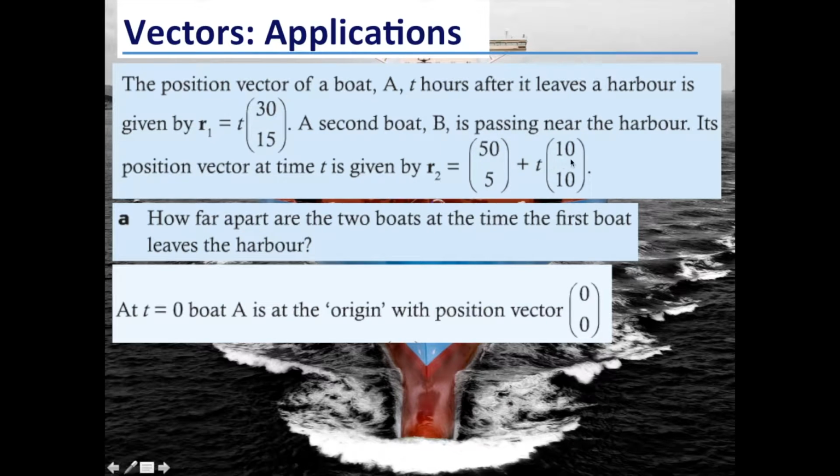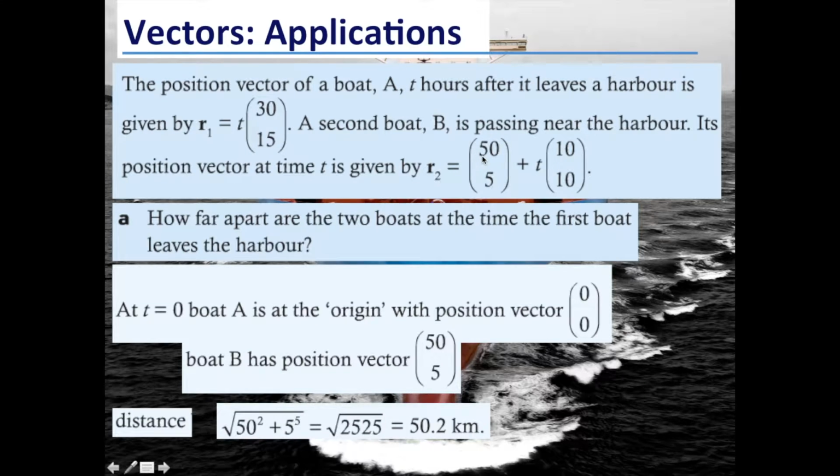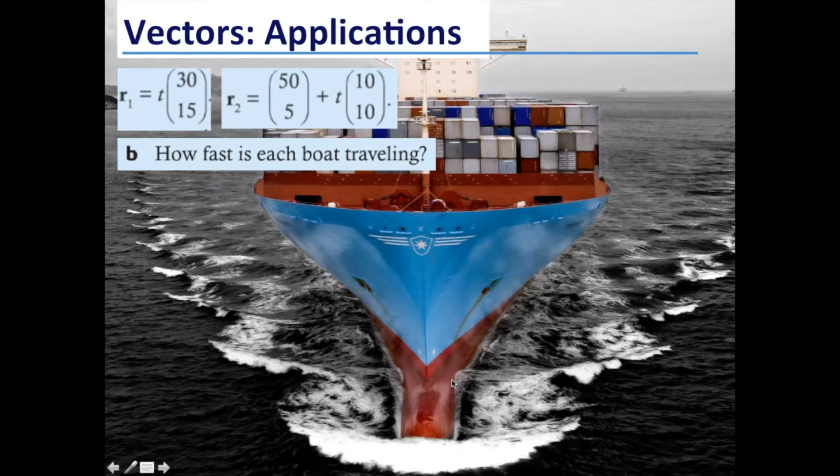For boat B, again t will be 0, so the position will just be this position vector here, (50, 5). So how far apart are the two? That's just using the equation for the distance between two points: 50 minus 0 squared plus 5 minus 0 squared. Add them together, take the square root, and you end up with an answer of 50.2 kilometers.